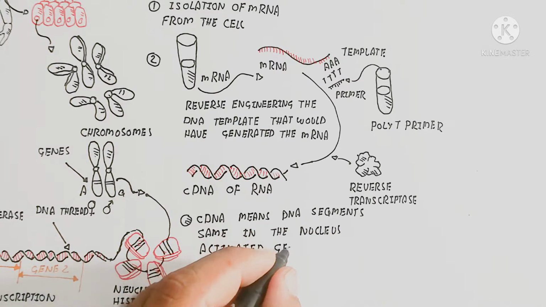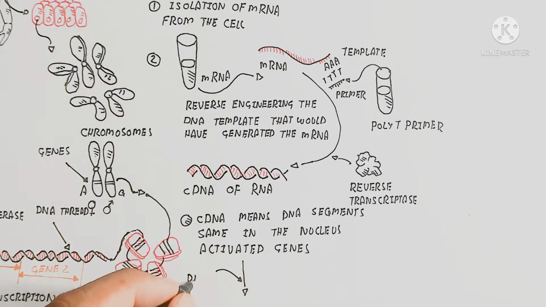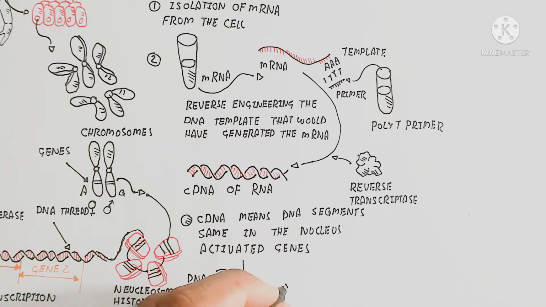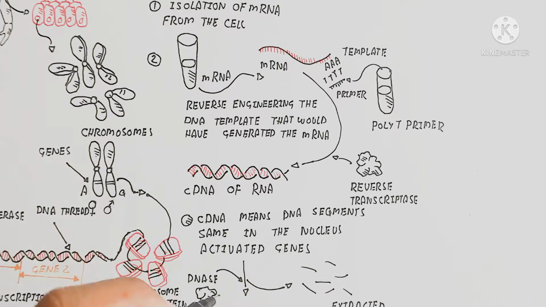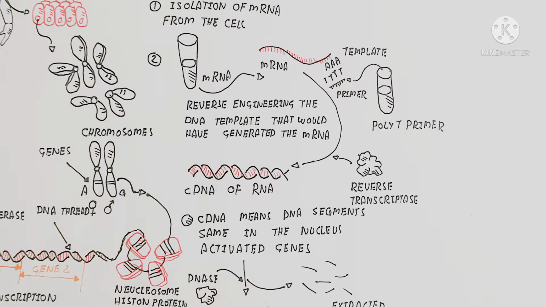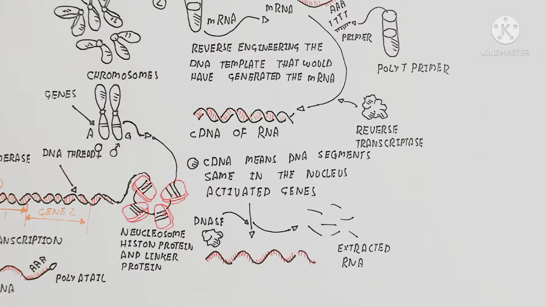Here a DNase exonuclease enzyme is used so that one strand, the RNA, is removed, and then a DNA primer is attached to the complementary DNA, forming a pure complementary DNA.